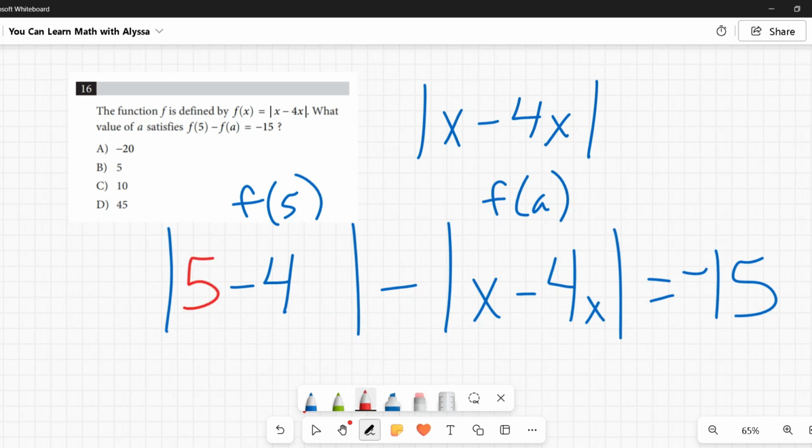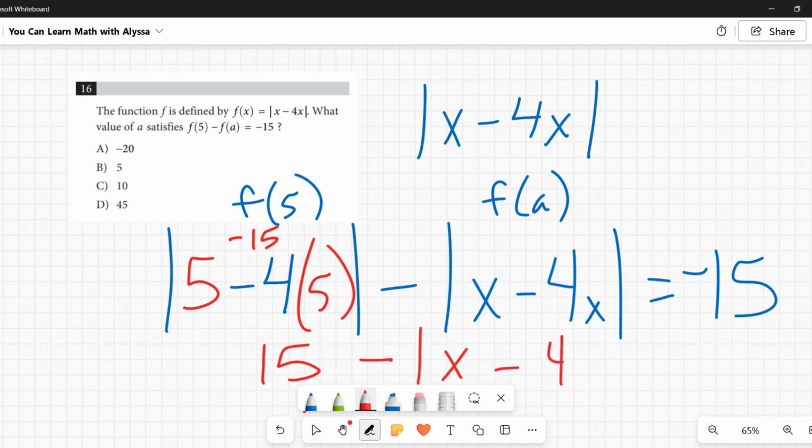So 5 minus 4 times 5. 4 times 5 is 20. 5 minus 20 is negative 15. The absolute value of that is positive 15. So 15 minus the absolute value of x minus 4x. But this is going to be my f of a, so let's plug a in there.